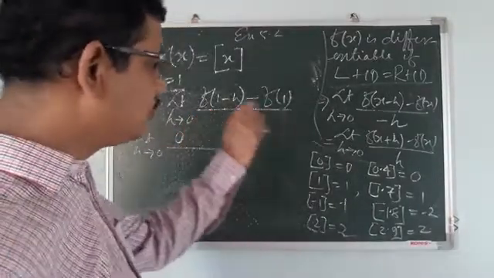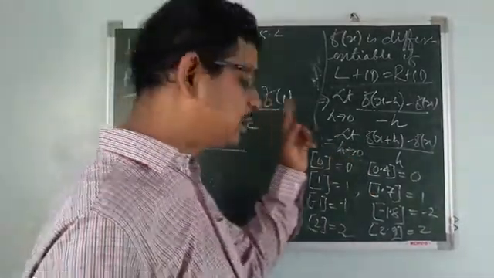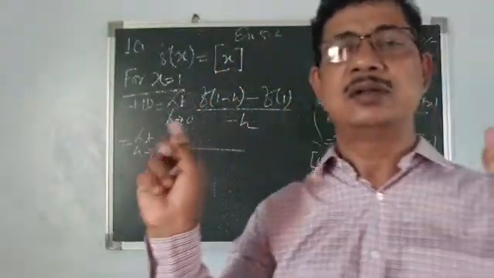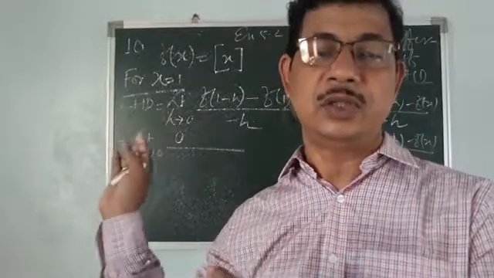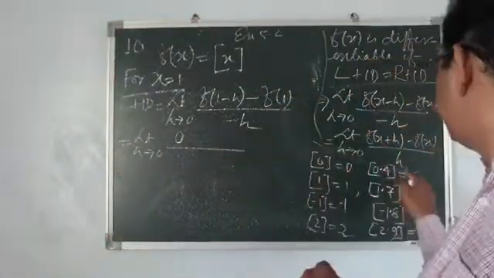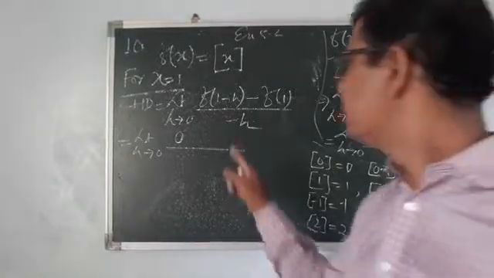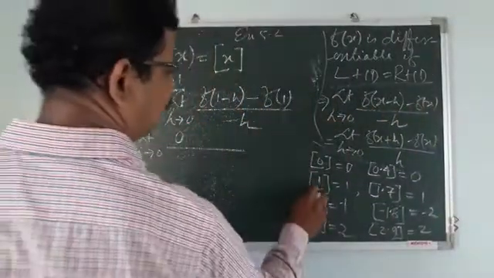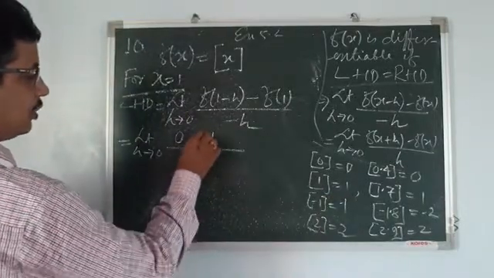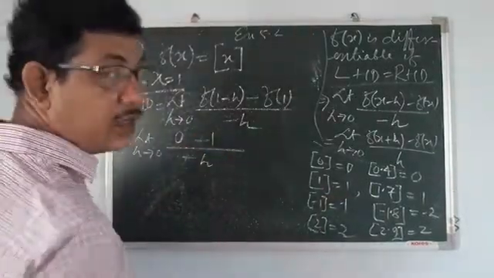What concept are we using? 1 deducted by a little number gives something point something, so of course it is a number between 0 and 1, so the value will be 0. So this is 0. f(1), if we put 1 here, is 1. Minus h, minus minus cancel, so 1 by h.